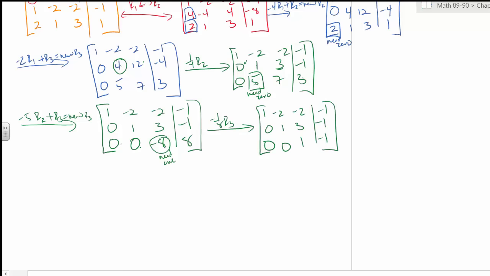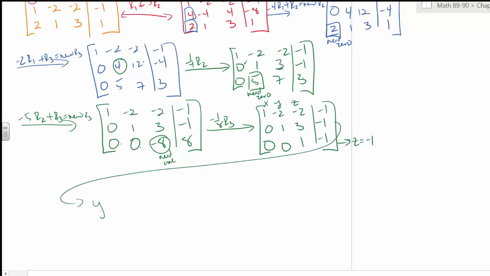And so what do we know now? What do we know? We know that this gives us, remember this is x, this is y, this is z. We know z equals negative 1. So once we know z equals negative 1, we can then go up to the row just above it. So I'm going to bring him down over here so you can see that.